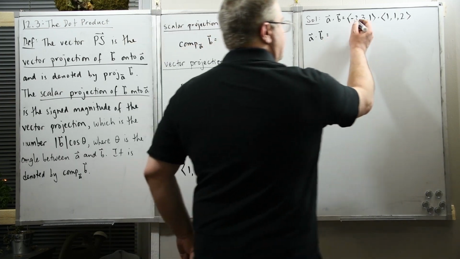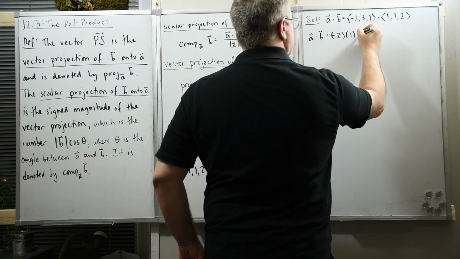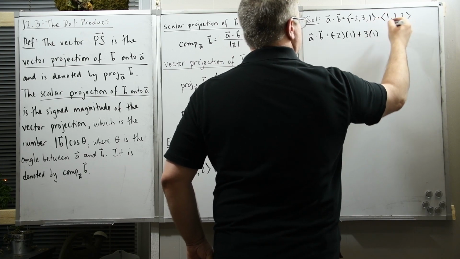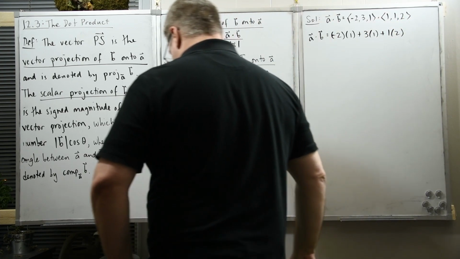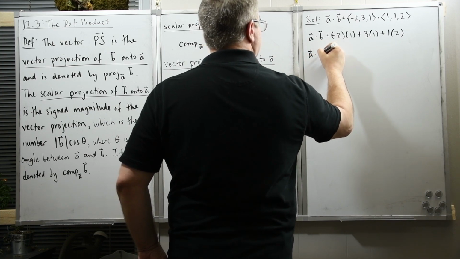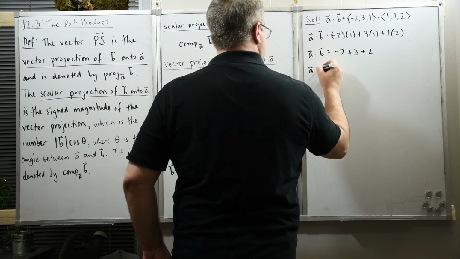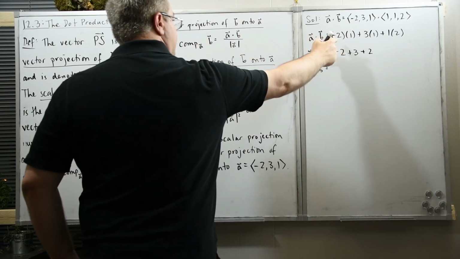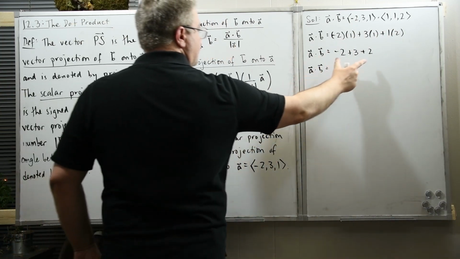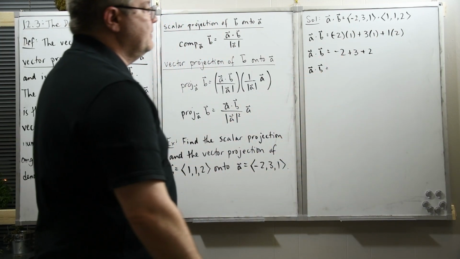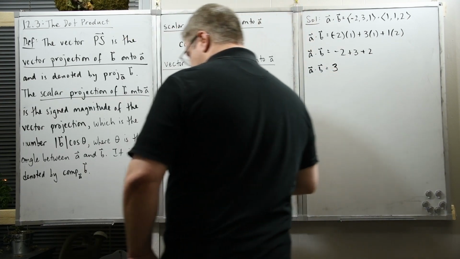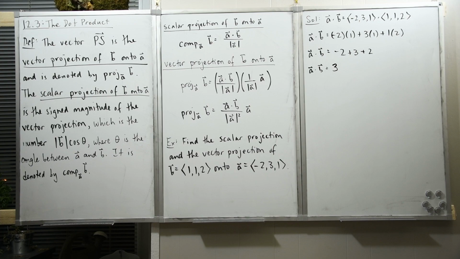So a dot b will have negative 2 times 1, plus 3 times 1, plus 1 times 2. We get negative 2 plus 3 plus 2, and we notice that the negative 2 and the positive 2 cancel out, so the dot product of a and b is 3. So this tells us that the projection of b onto a is going to point in the same direction as a.